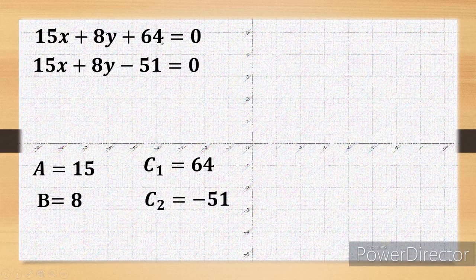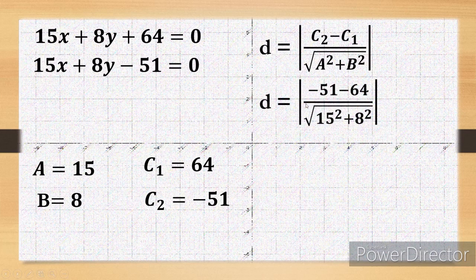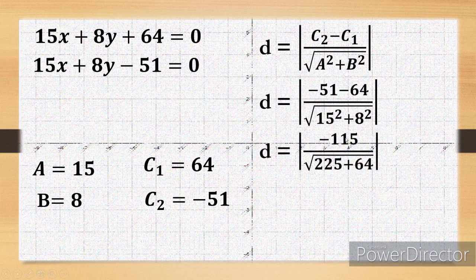So maaari yung mauna ditong values ng C. Then substitute lang natin sa formula. We have distance is equal to the absolute value of negative 51 minus 64 all over the square root of 15 squared plus 8 squared. So we have negative 115 all over square root of 225 plus 64.